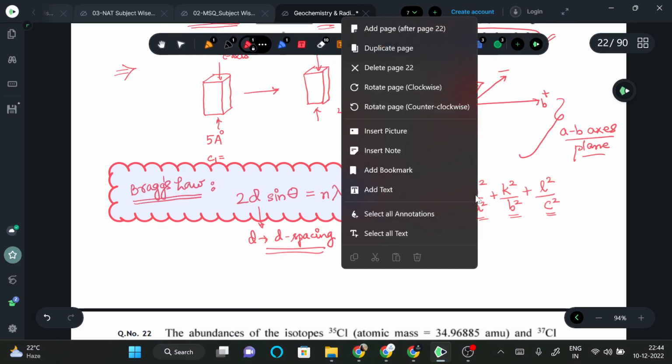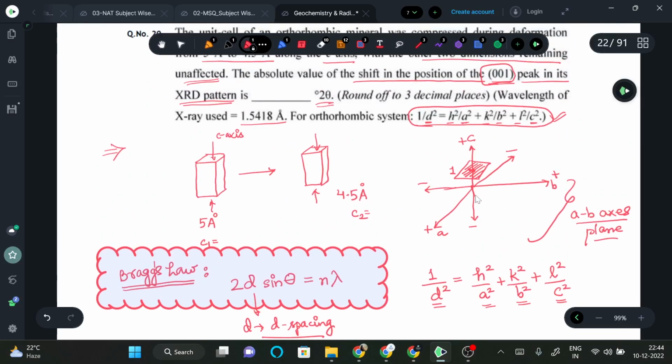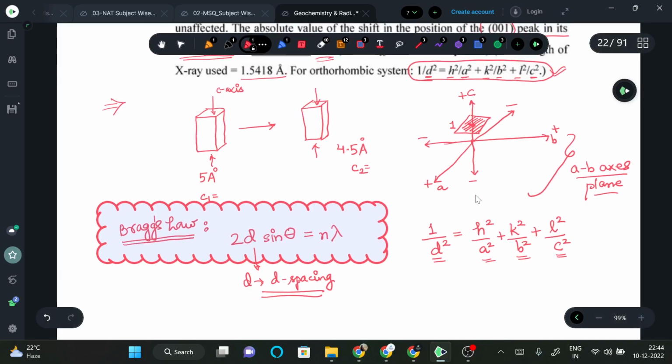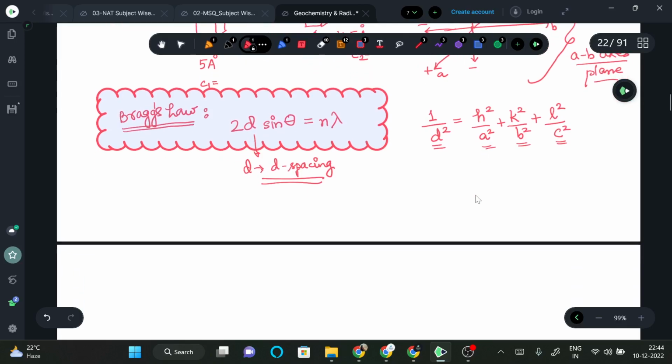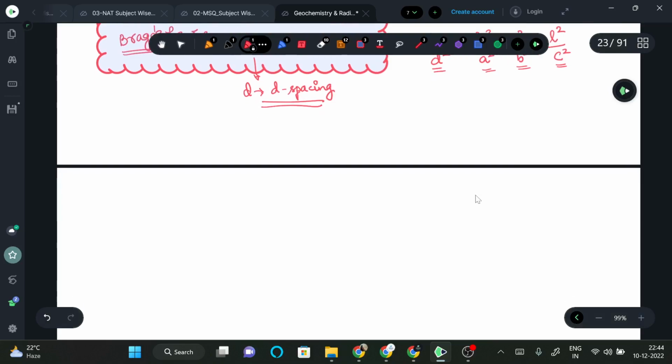So now these are the basics that we have got over here. Now we will simply use Bragg's law and this particular relation that is given. Wavelength of X-ray used is given, 1.5418. So we will use it ahead. So for the 001 phase, what is HKL?